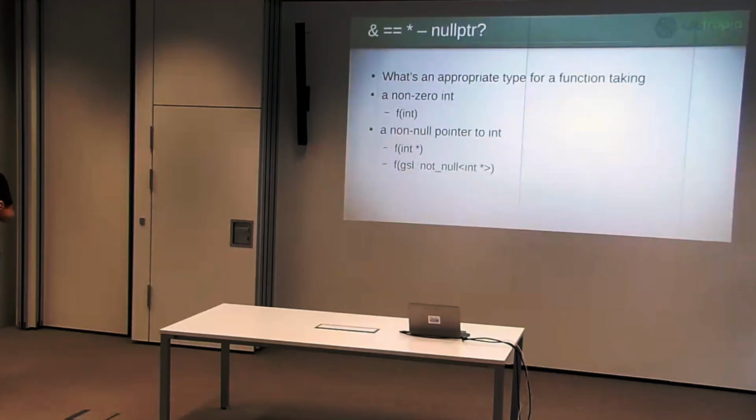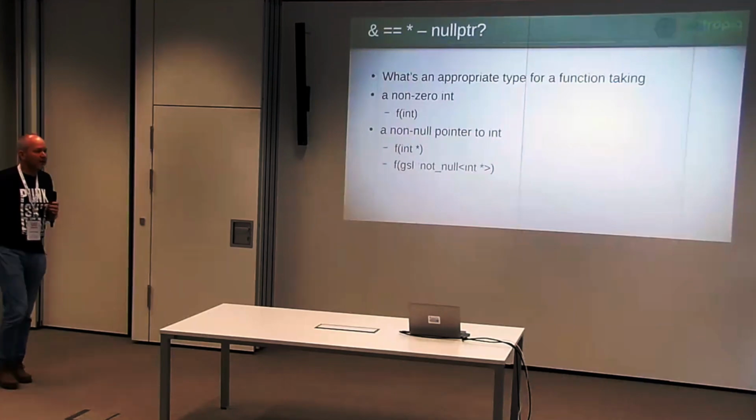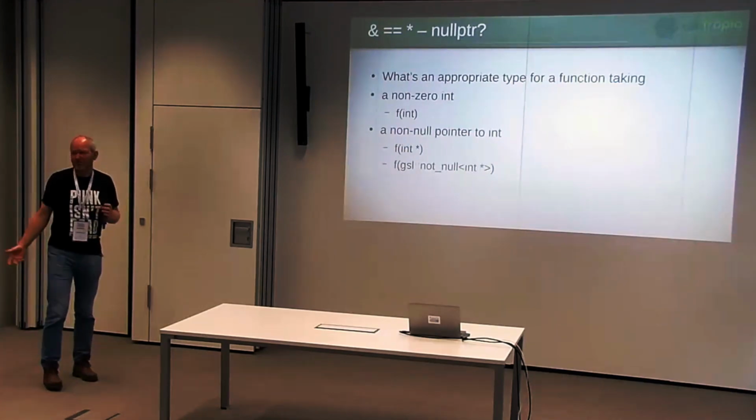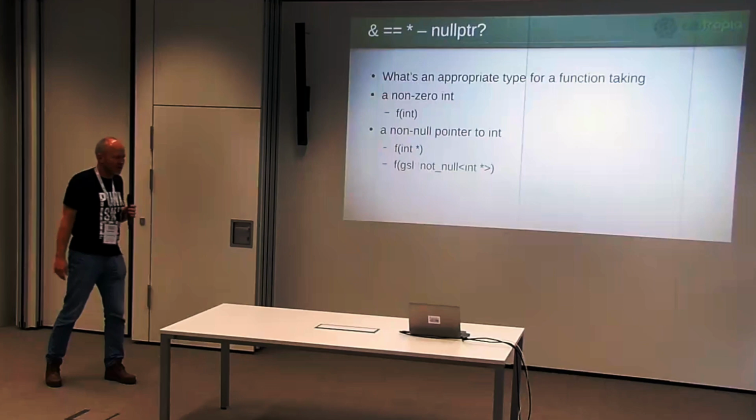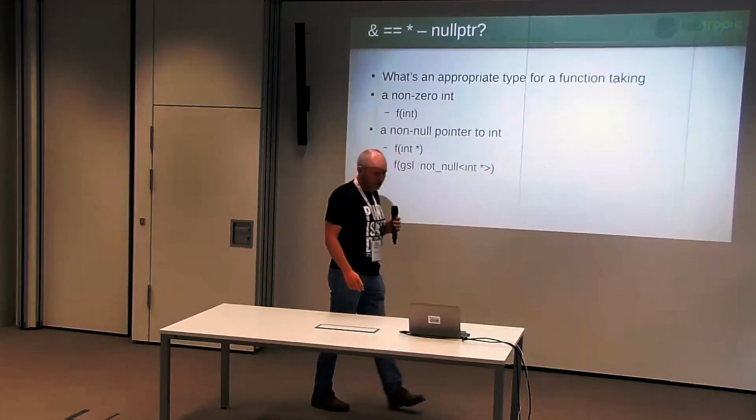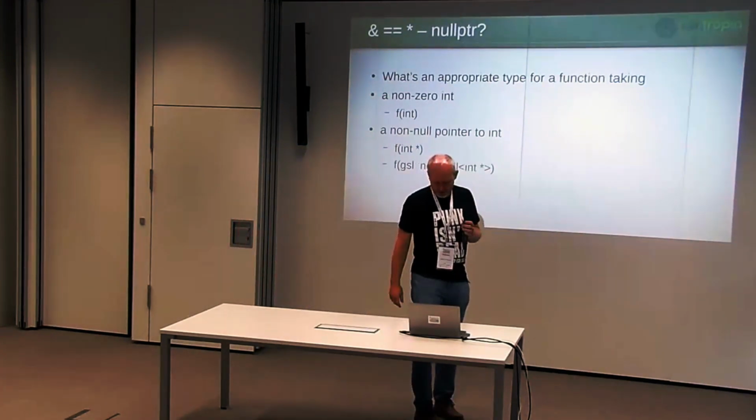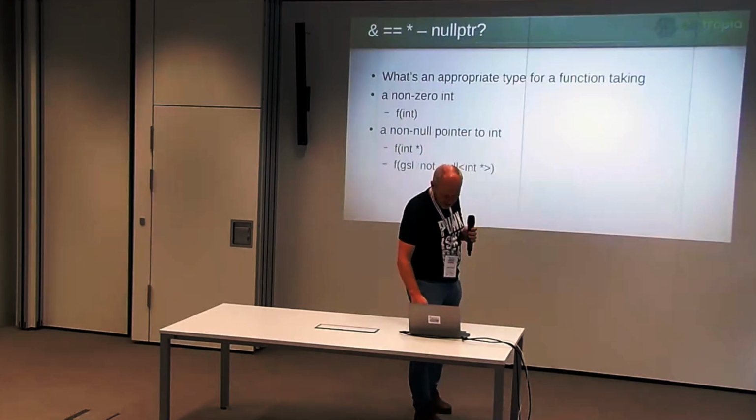And that has some abstractions like this not null pointer thing so that you can be very explicit about your functions not wanting a null pointer there. But I guess, yeah, most of the time we just live with a documentation and assert or the occasional crash if you didn't read the documentation.